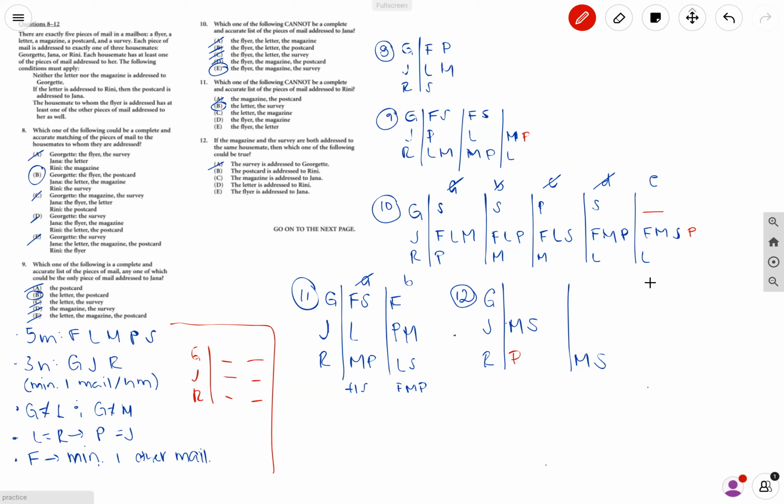Then I'd plug in L over here and then F over here, but that breaks my diagram. I need G to have something else if she's assigned F, but it can't be L because L can't go with G. And we already know that P is put into R spot this time. So I know that B is not my answer choice either.